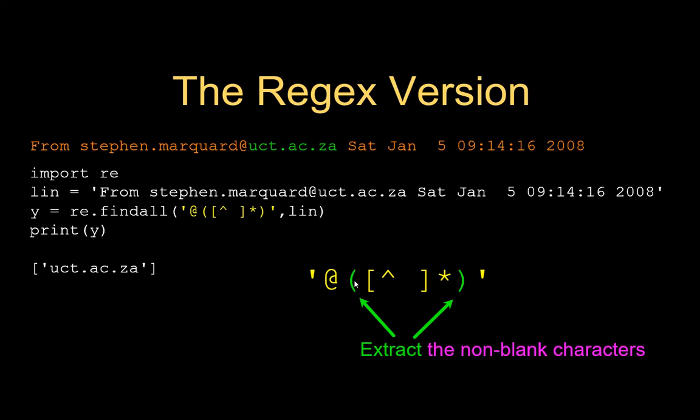And the parentheses means that this is the part that we're interested in, and this is the part that we're going to extract. The part that we are interested in starts with the @.